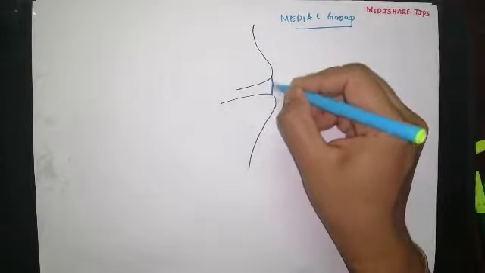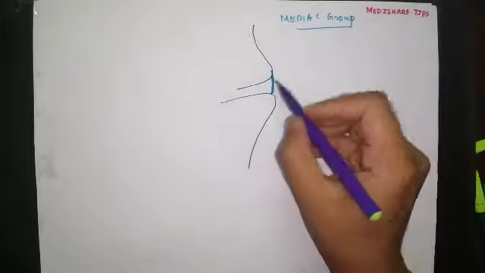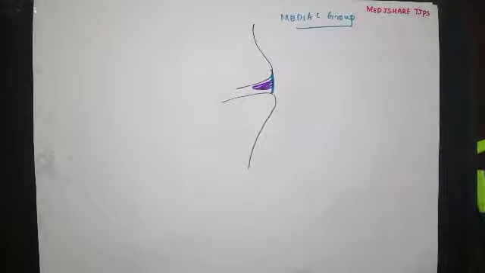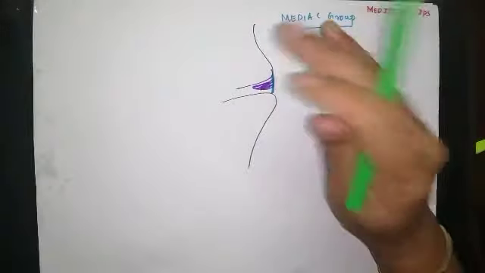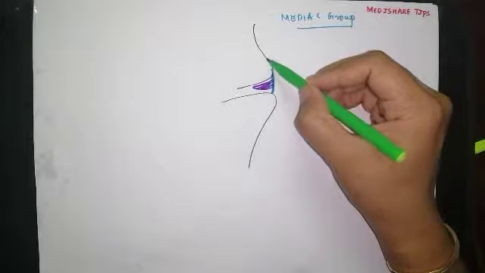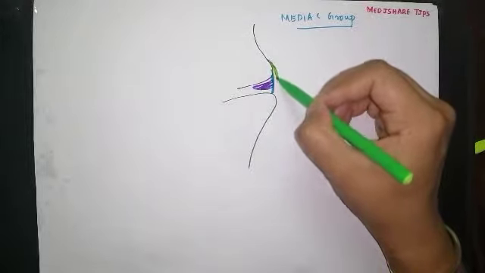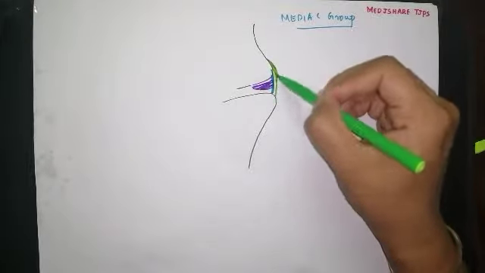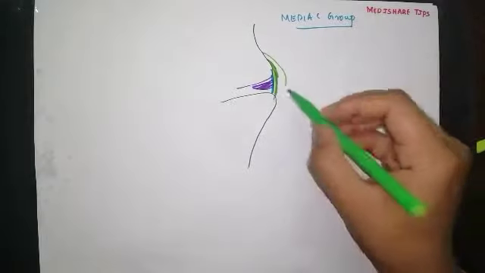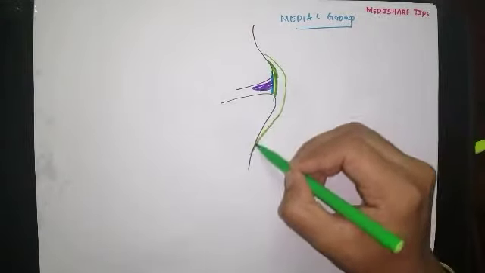This is the fibrous capsule of the knee joint, and closely attached to the fibrous capsule you have the medial meniscus, and the ligament which is present here, the medial ligament, known as the tibial collateral ligament. We know that the tibial collateral ligament has a deeper part which is merging with the fibrous capsule and the medial meniscus like this, and it has a superficial part which gets attached to the medial surface of the tibia like this.